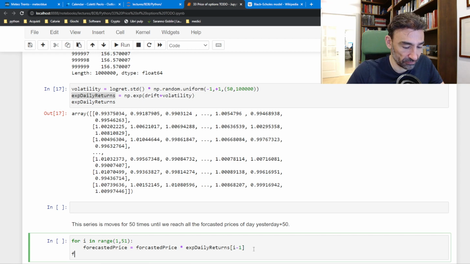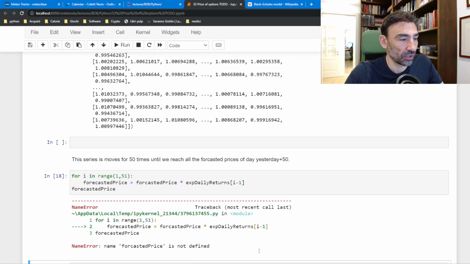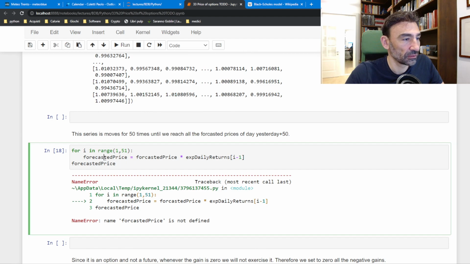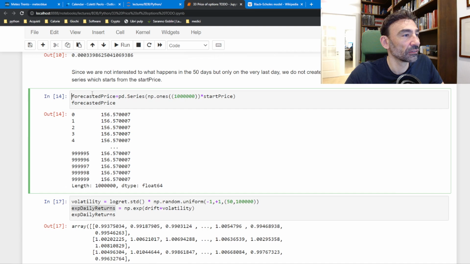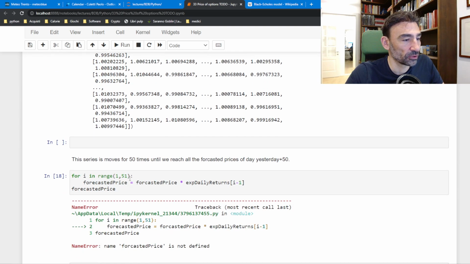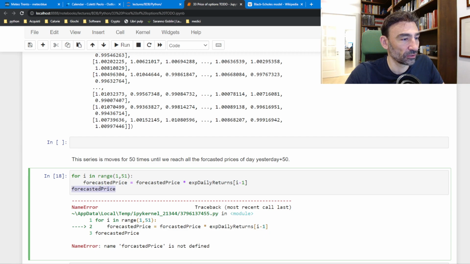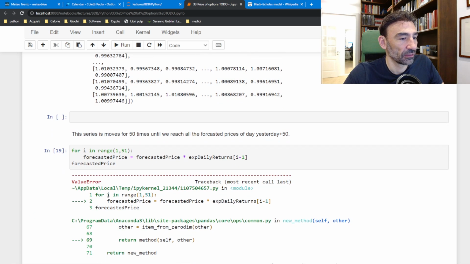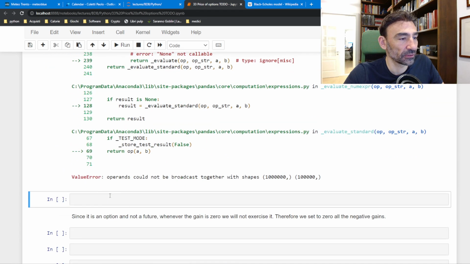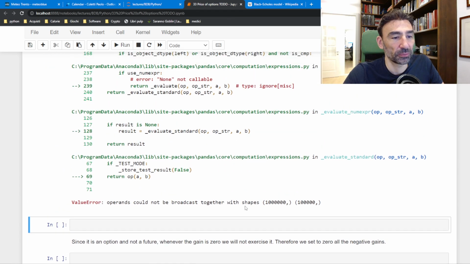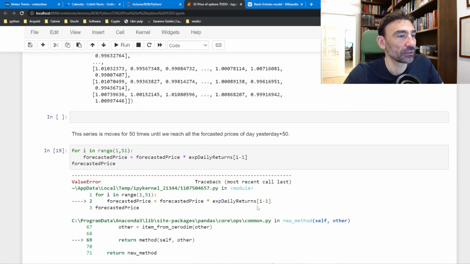Let's see. Forecasted price not defined. Let's copy it because I must stop using long names. What's the problem? Operands could not be broadcast together with shapes.